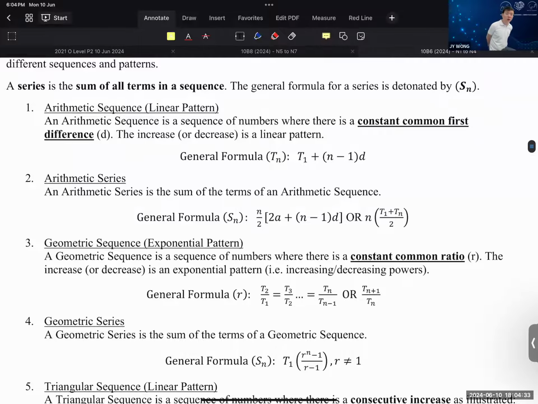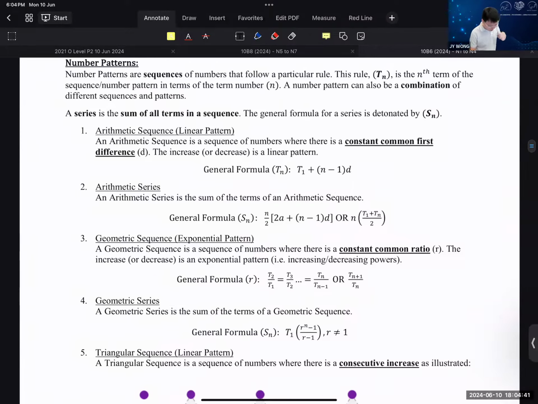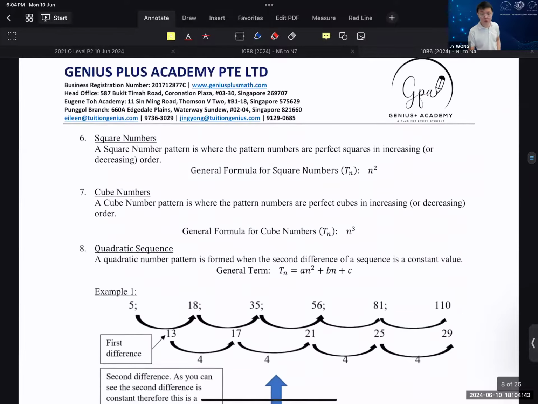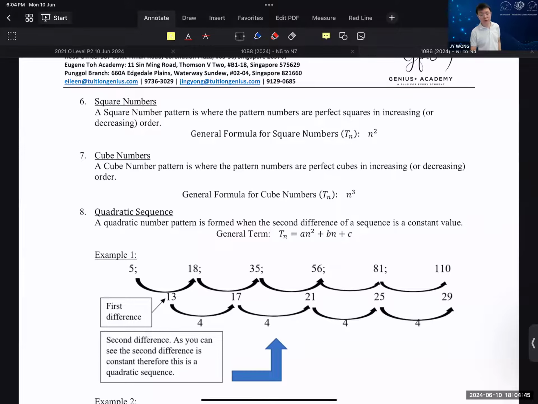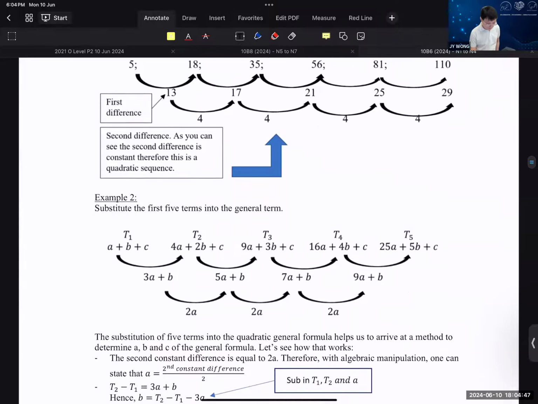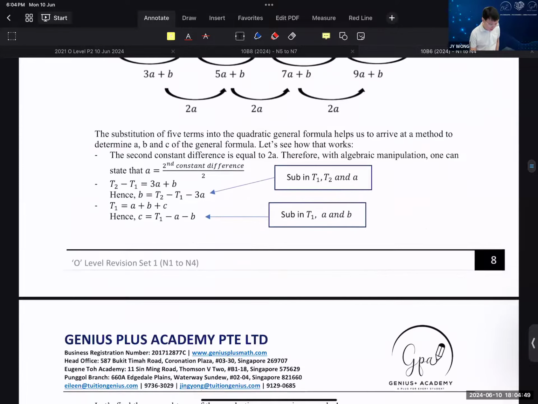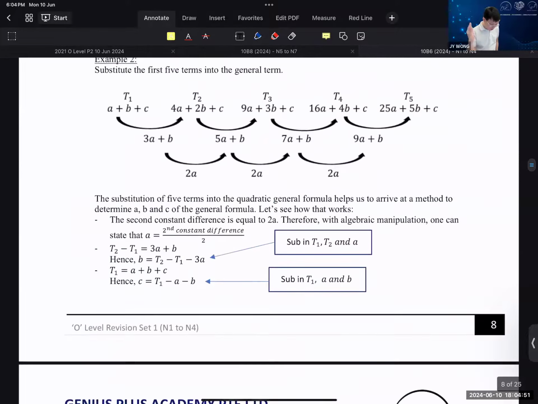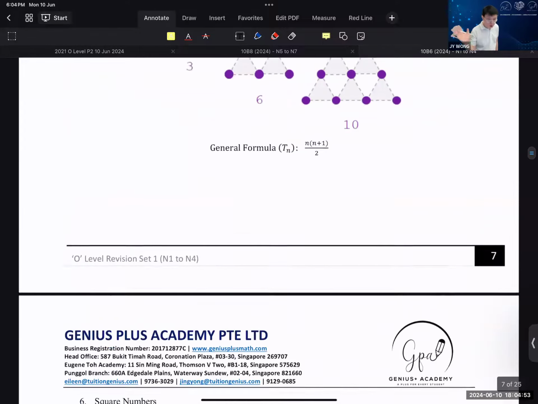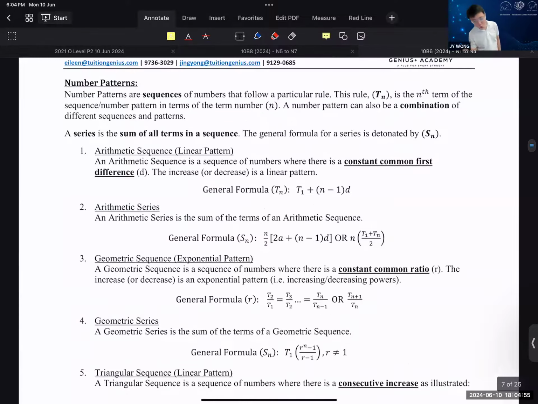Okay, your general formula for your number patterns are here. Both your arithmetic and geometric sequence and your triangular sequence and your square numbers, cube numbers, quadratic sequences, and so forth. They are all here. Myself or Miss Venus already went through them, so by right you should already know.